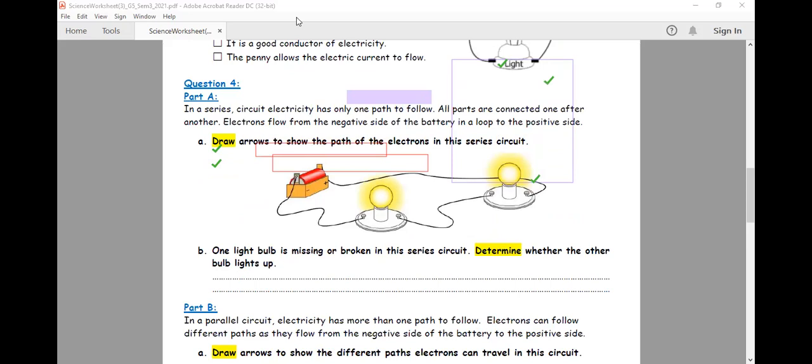Before we move to question number 4, I will count to 5. At 5, I need to see you. At 5, please turn on the camera. If you did not, I have the right to remove you from the class, or I will consider you not here. 1, 2, at 5, turn on the camera.